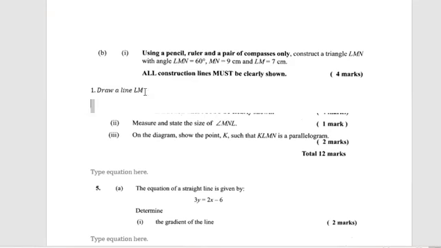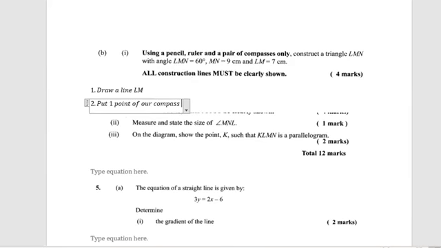After we draw the line LM, we're going to put one point of our compass on the point M. I'm choosing the point M because that is where our angle will be.